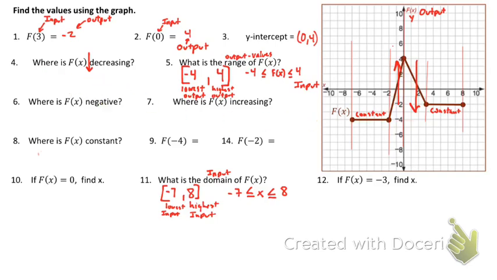So if you look, I'm going to highlight that for you. The section where I'm decreasing is this section. And then we look at our vertical lines. When did this decrease start? It started on 0, always using the input values. Started on 0 and it ended at 3.